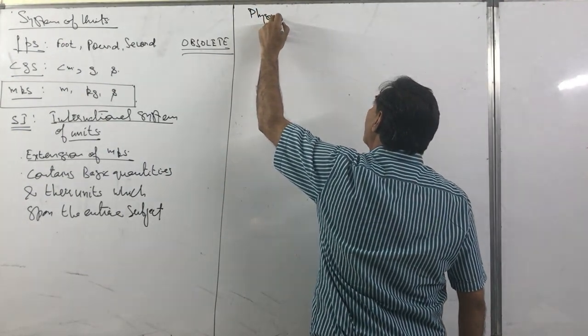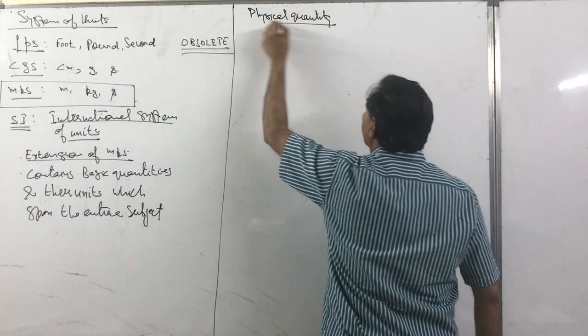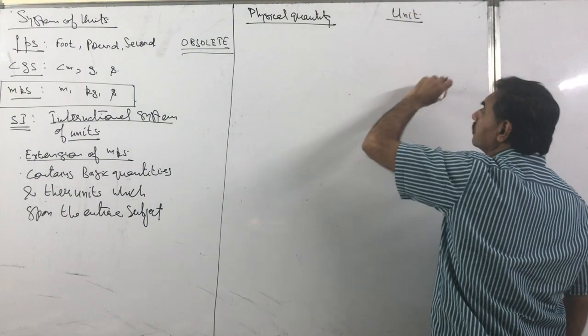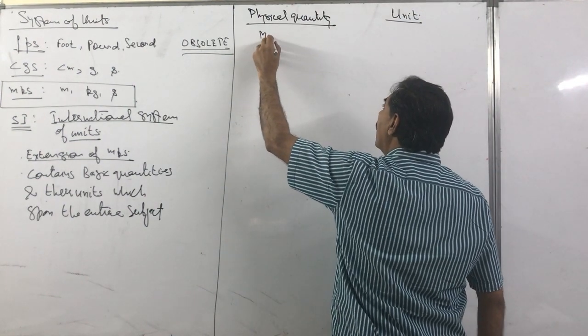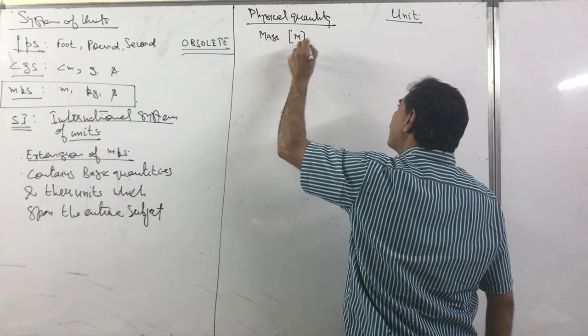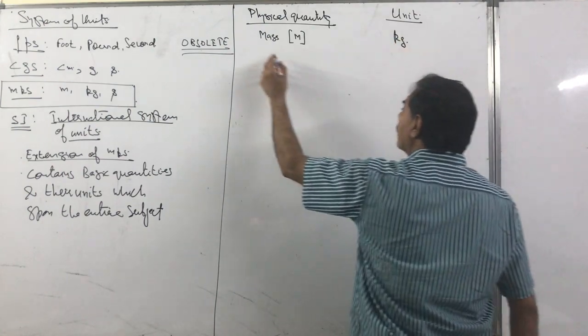Okay, physical quantity and its unit. Mass, written in square brackets, and its unit is kilogram.